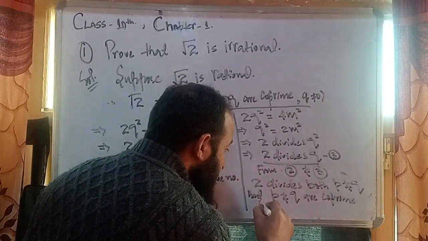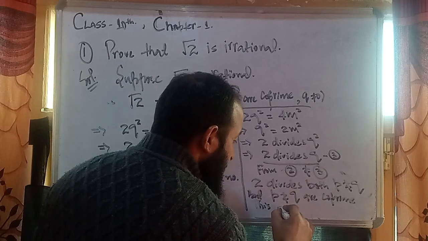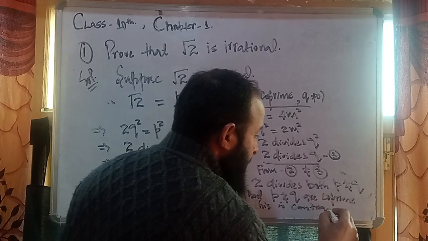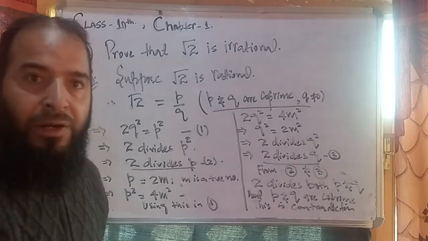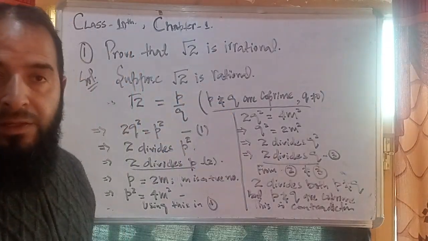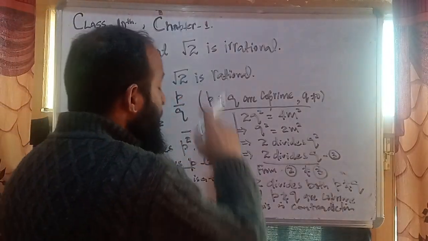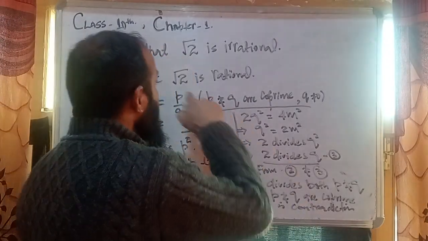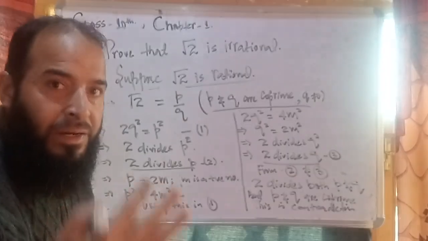This is a contradiction to our supposition that root 2 is rational. When this contradicts that root 2 is rational, then what will root 2 be?